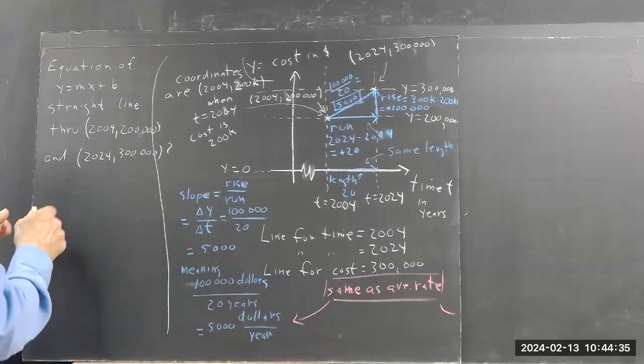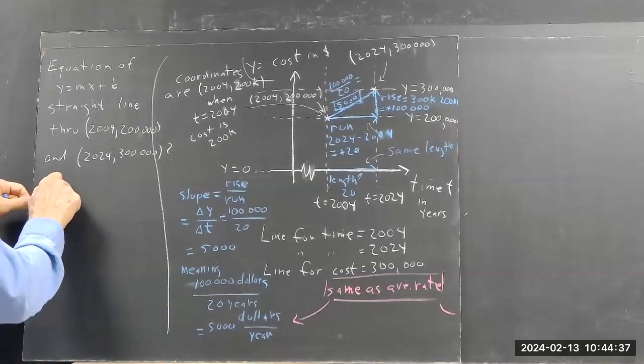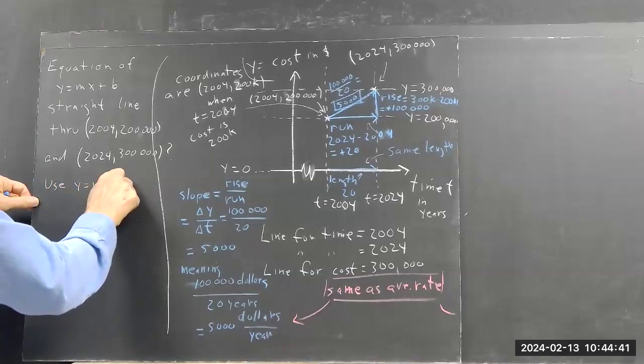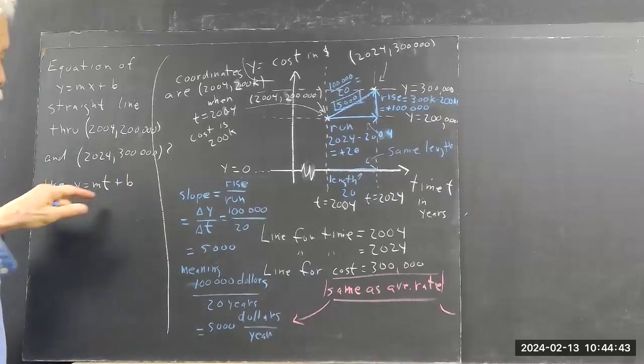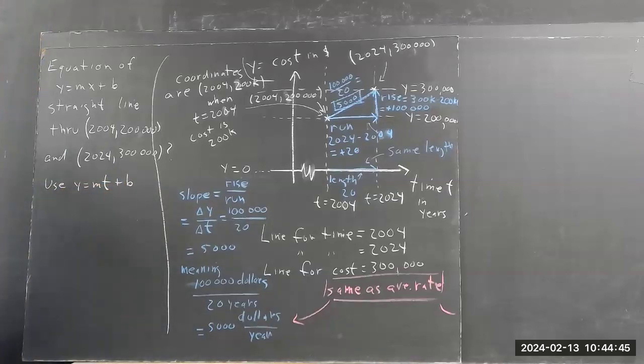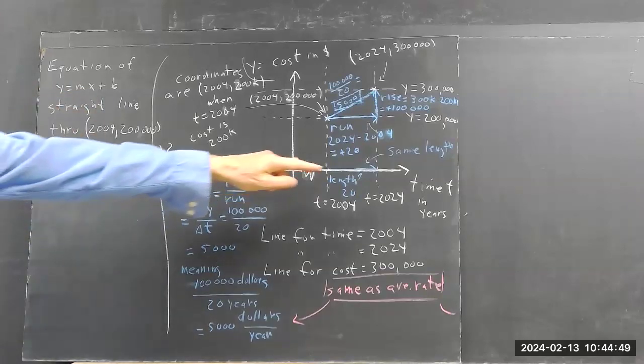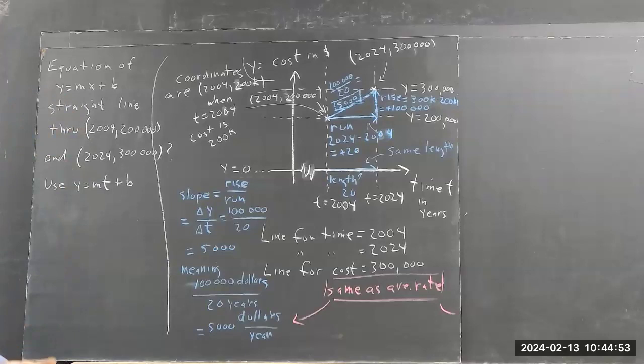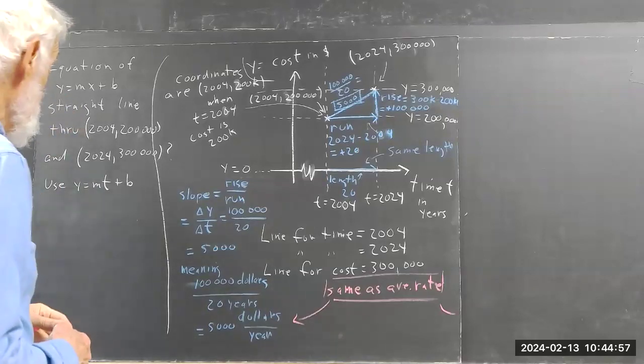Well, first of all, we use y equals mt plus b, because we're using t for this axis, not x. So instead of x, we use t. That shouldn't be a big problem.